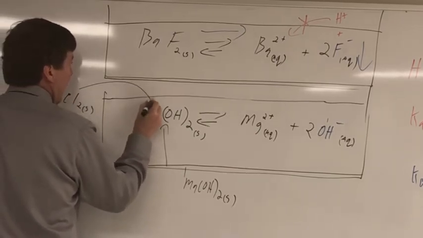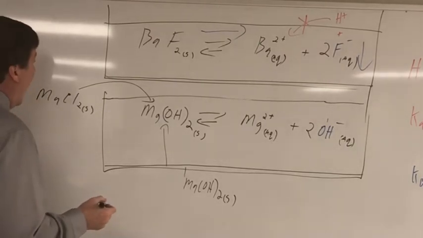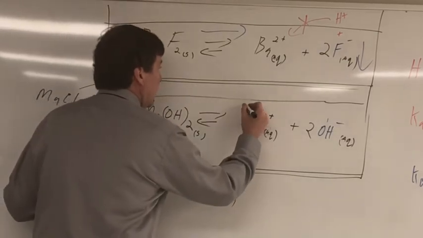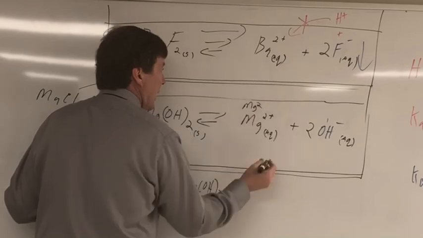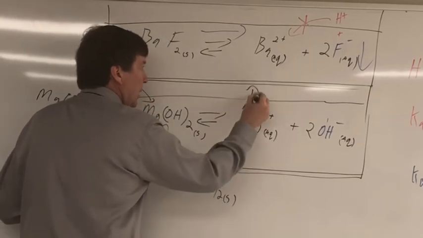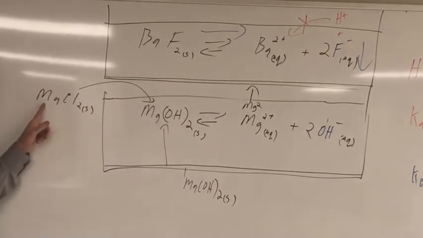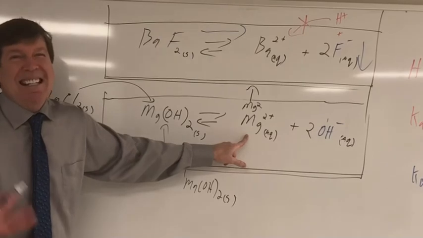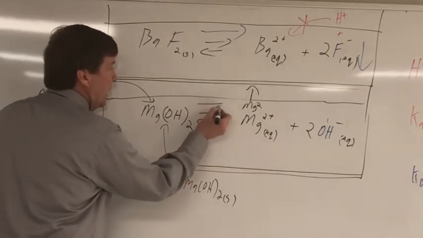We're going to add that into the container. Notice it's going to ionize, and it's going to release magnesium double positive. So this is added, common ion. This is going to go up.